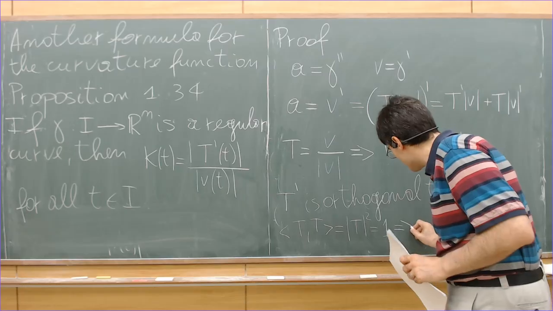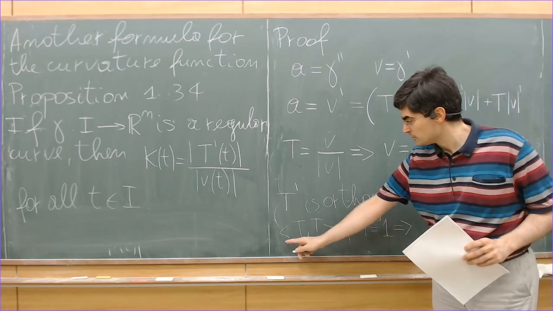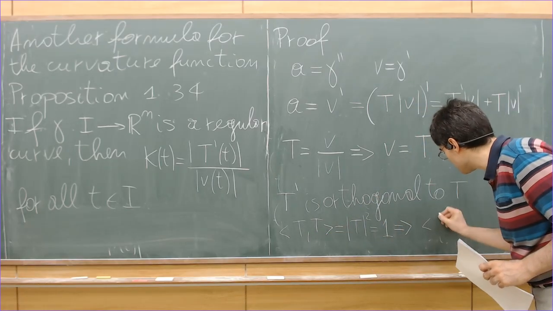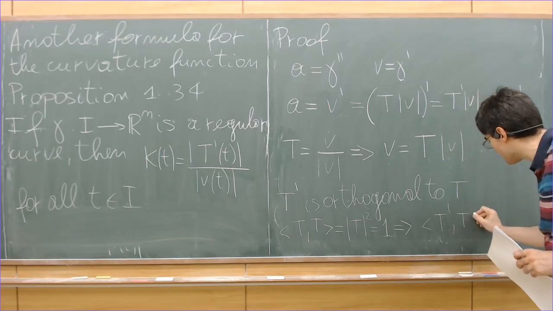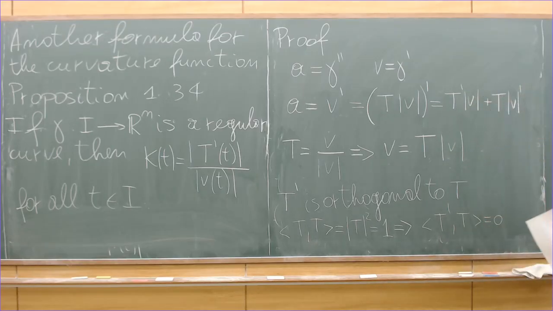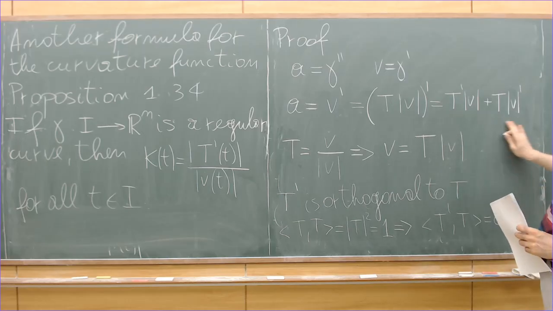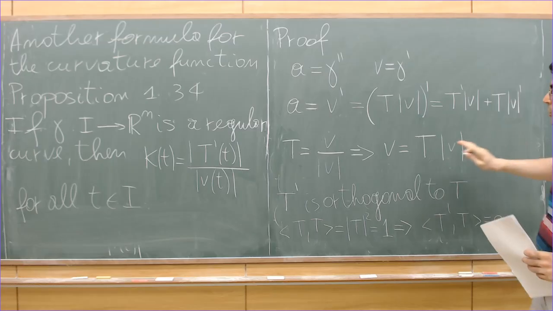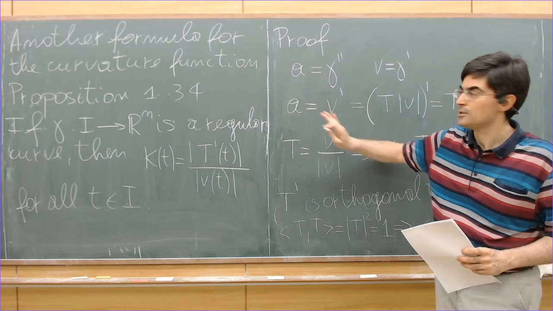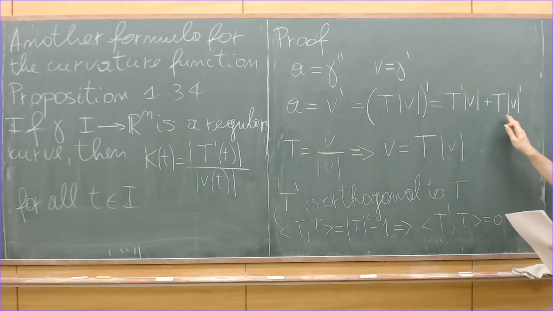This implies, by differentiation, that the inner product of T prime and T is equal to 0. So what is this? This is the decomposition of the vector A into the sum of two vectors which are orthogonal.